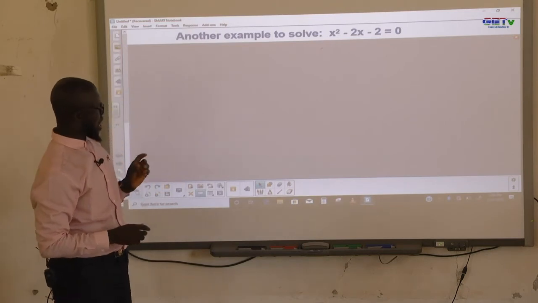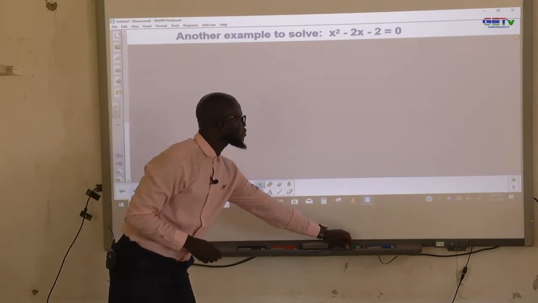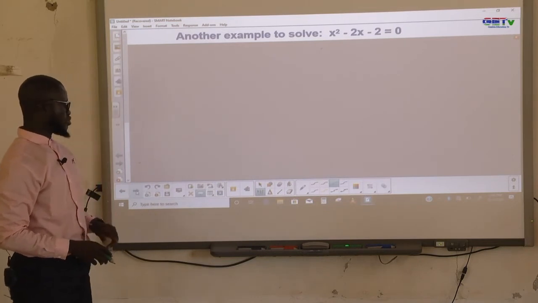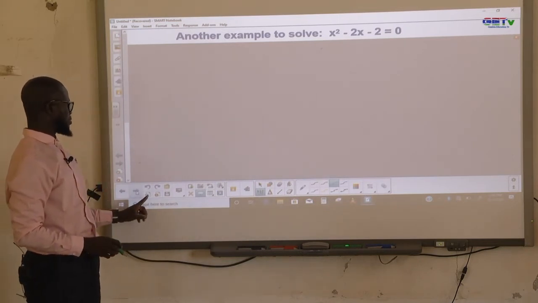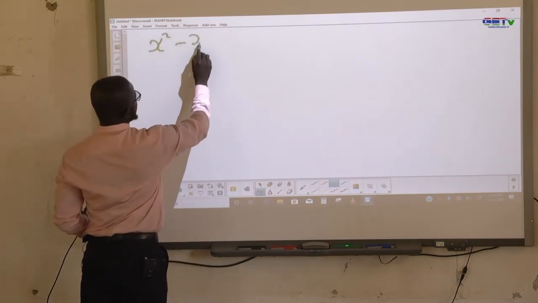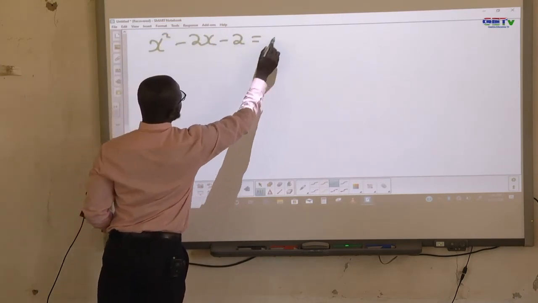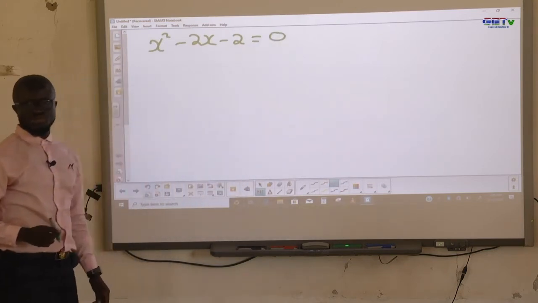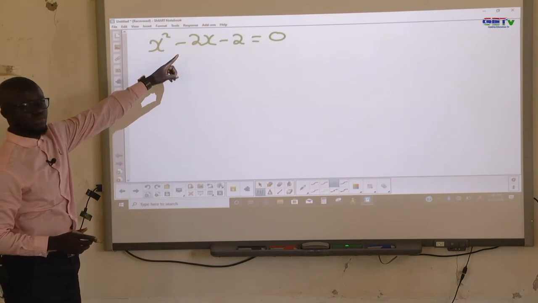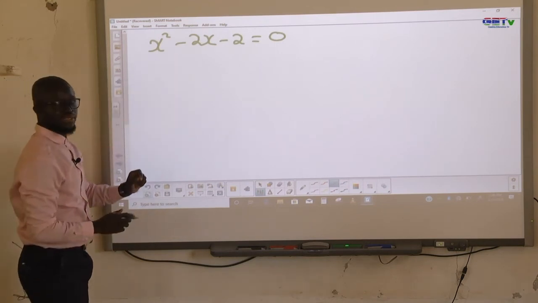We have x squared minus 2x minus 2 equals 0. What is the value of b in this equation? The value is negative 2.